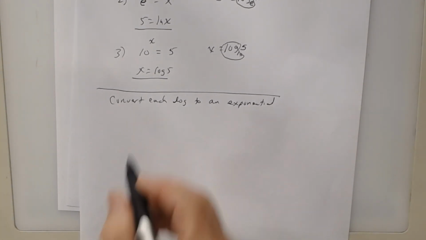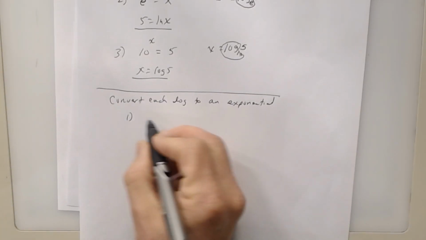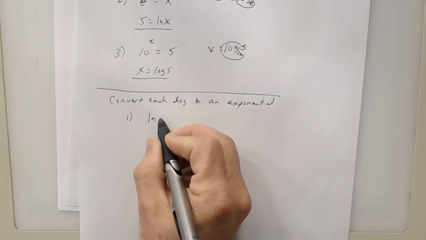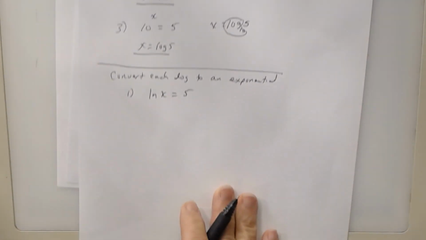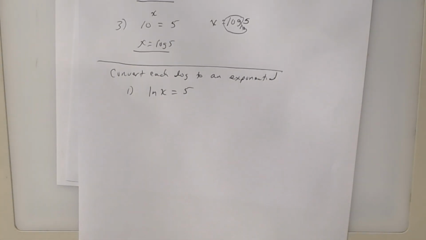Okay, so suppose I had this. Suppose I had, number 1, the natural log of x equal 5. And I want you to convert that to an exponential.